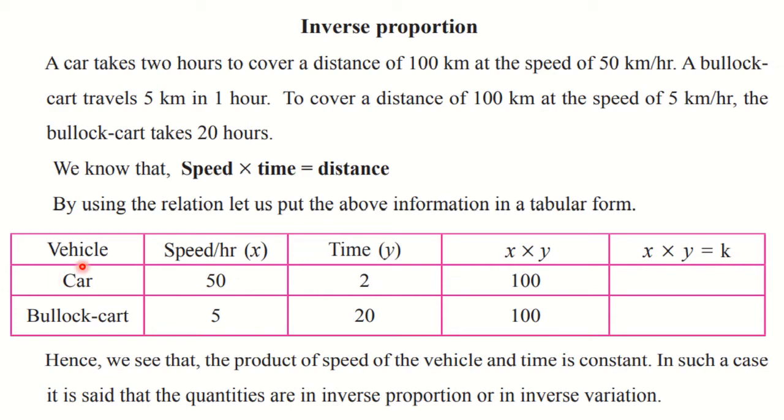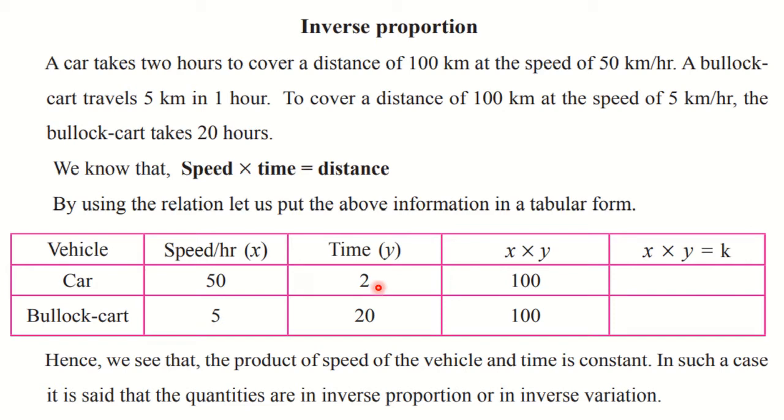Let us write down this information now in tabular form. We have two vehicles, one is car and the other is bullock cart. And here the distance is the same. So we will write down the formula for distance: speed into time. For the car the speed is 50 kilometers per hour, and for the bullock cart the speed is 5 kilometers per hour.